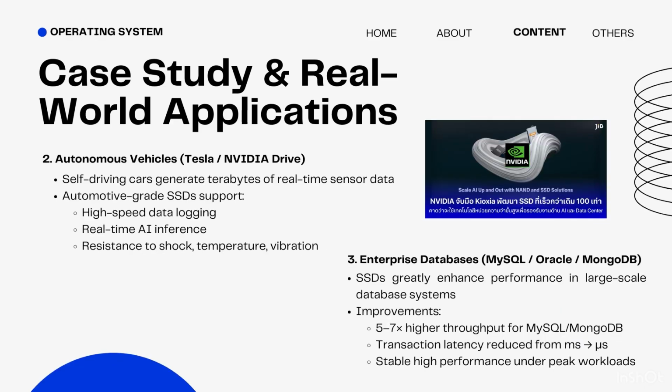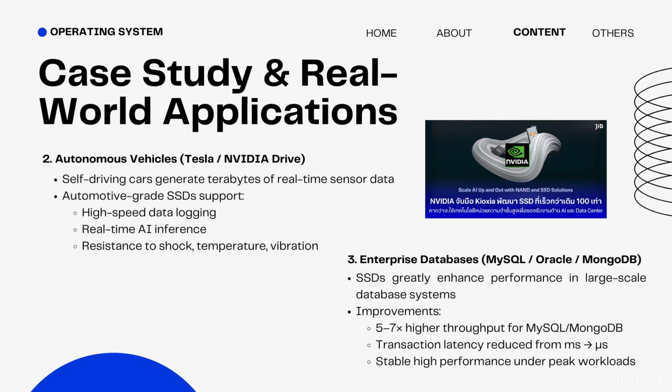And let's see the autonomous vehicle industry. Self-driving cars use automotive SSDs to log huge amounts of sensor data and support real-time AI decisions, even under heat and vibration.